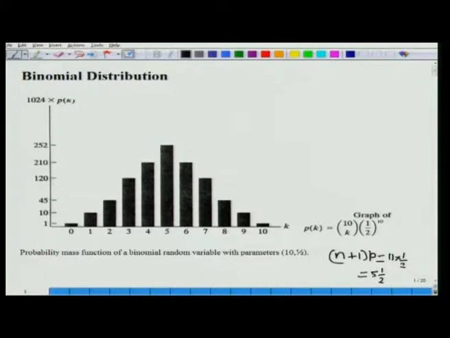If you multiply all the probabilities by 2 raised to 10, they become integers. So, this is what your binomial bar chart looks like when p is equal to half, and I have also shown you how the probabilities continue to increase, reach a maximum at the integer part of (n plus 1) into p, and then start decreasing. Okay.